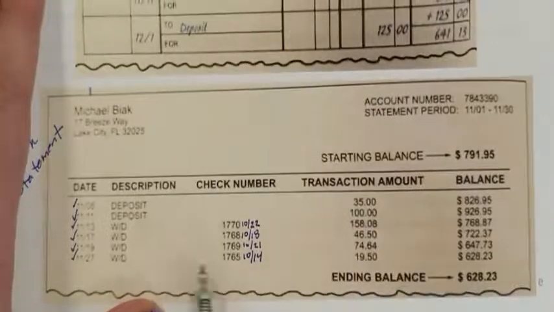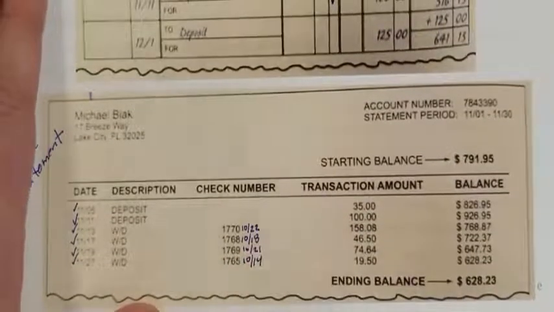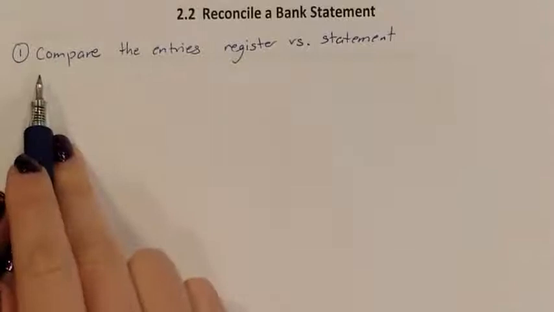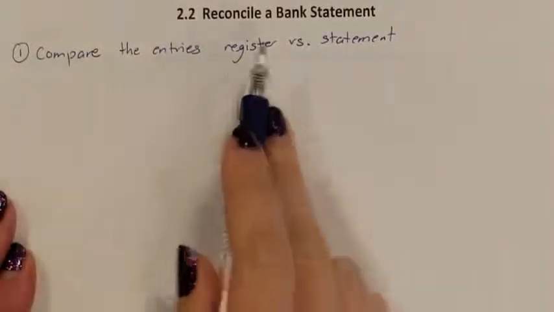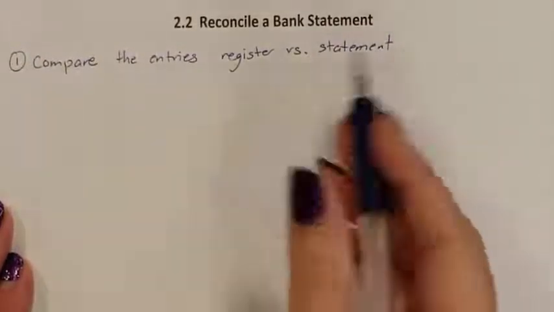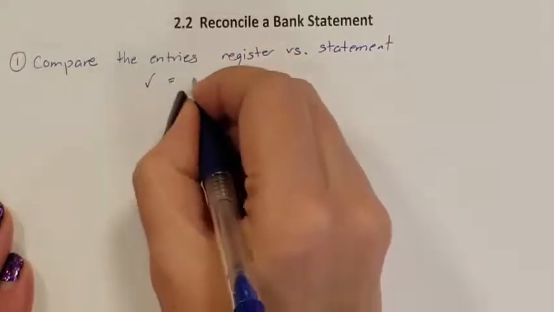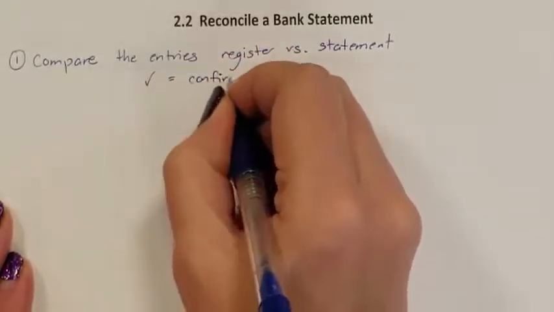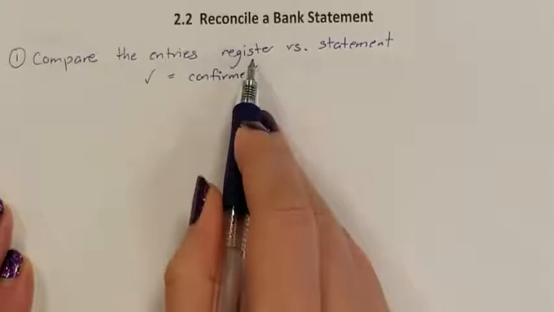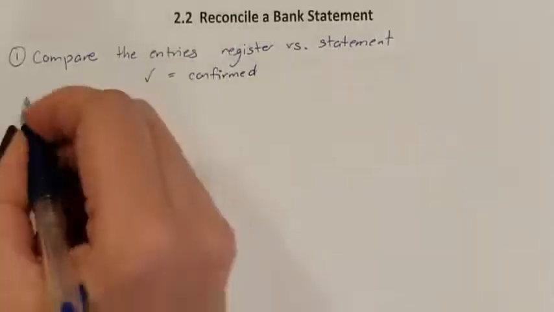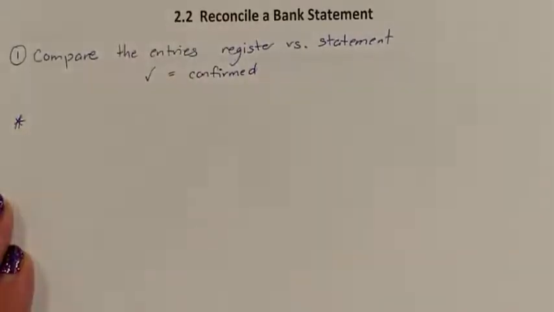So everything in the bank statement matched my register. So the very first thing that we did is that we compared the entries on the register versus the statement. And we put check marks to say that yes, we confirmed that it was both written accurately in the register and in the statement.